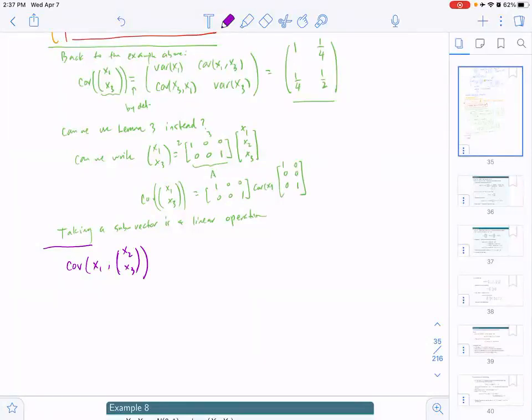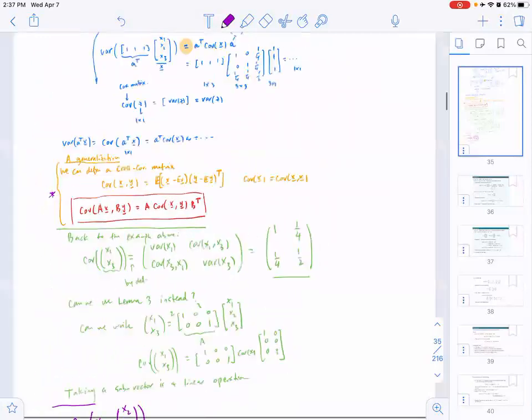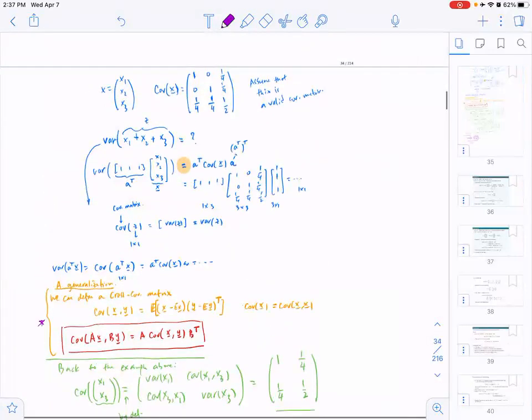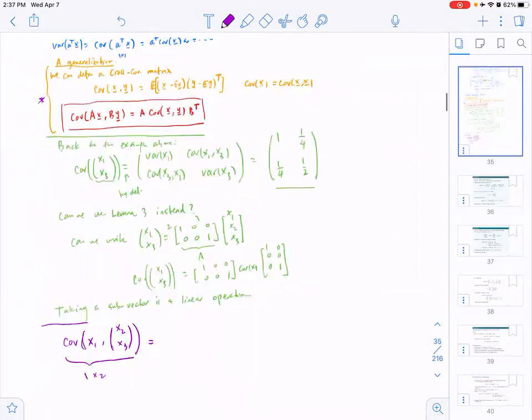One is 1 by 1, the other is 2 by 1. You can take the cross covariance between any two vectors. So this should be a 1 by 2 object. The dimension would be the dimension of the first vector times the dimension of the second vector. So based on the setup that we had, what is the cross covariance of x1 and x2, x3?